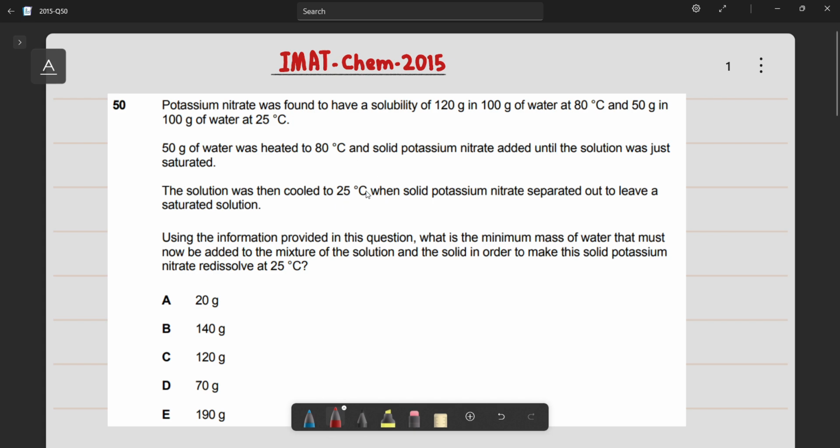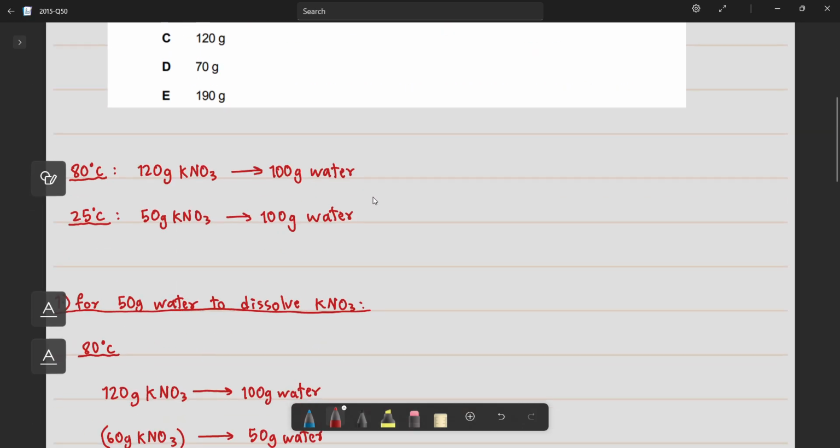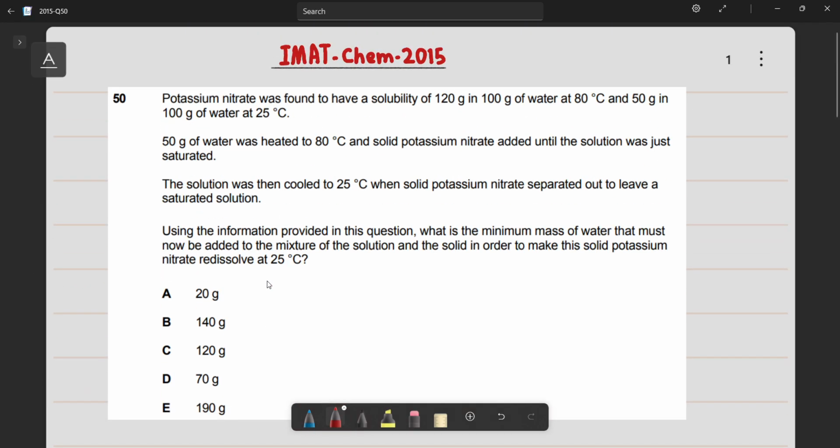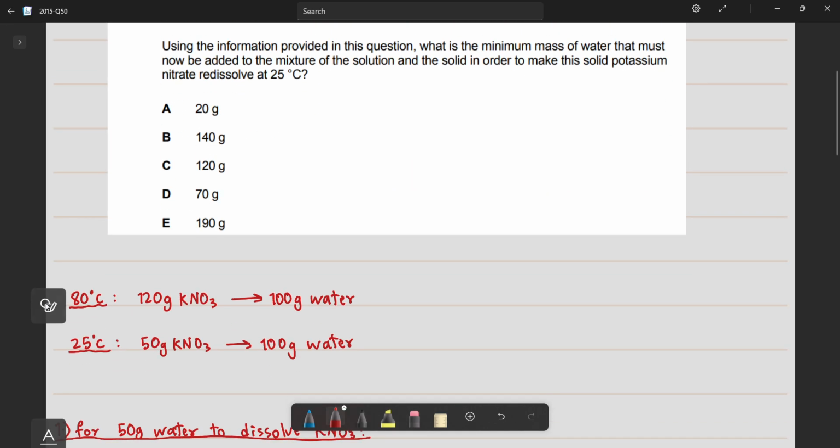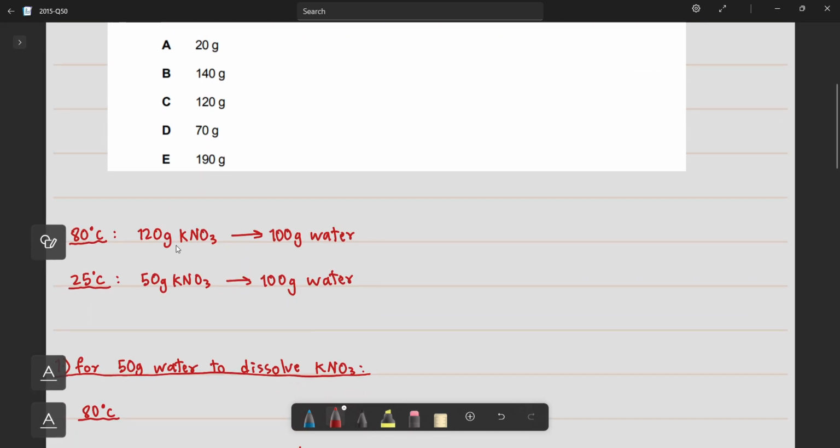So now at 25 degrees Celsius, there is a noticeable trend in the ratio that was given by the very first sentence, where 80 degrees dissolves a certain amount of potassium nitrate into the water. You can see the noticeable trend that as the temperature increases, more of the solute, potassium nitrate, is able to dissolve in the solvent water.